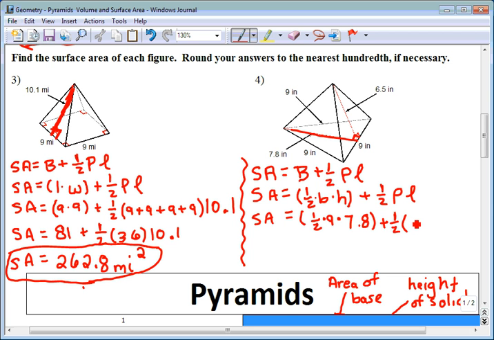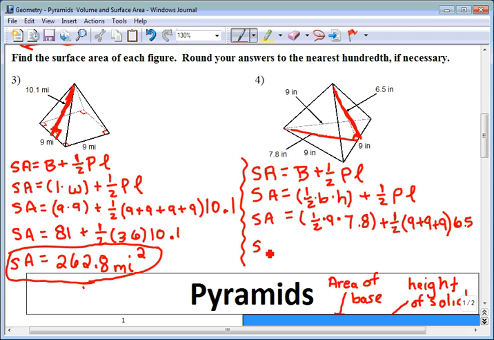Perimeter, again, we just add our sides together. So 9 plus 9 plus 9. And our slant height goes along the face. It's perpendicular to the base here. And it is 6.5.